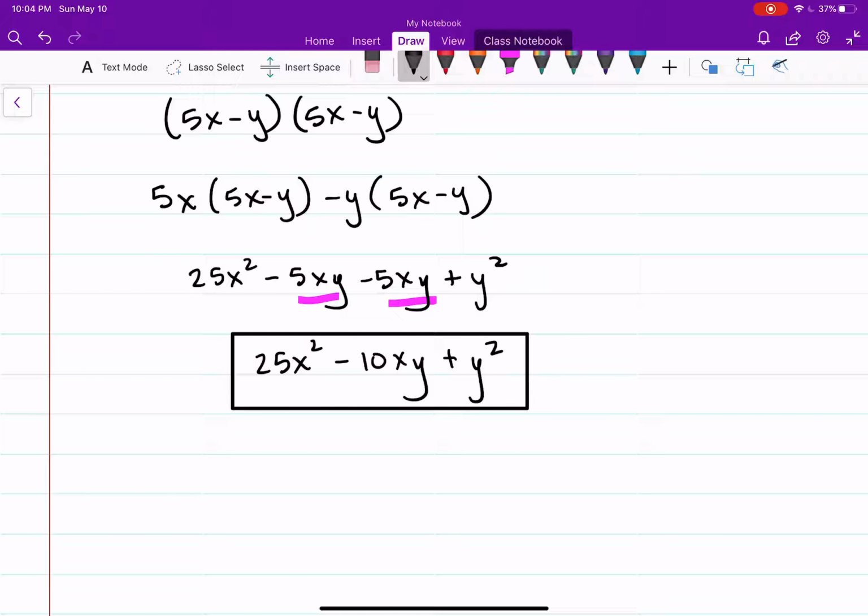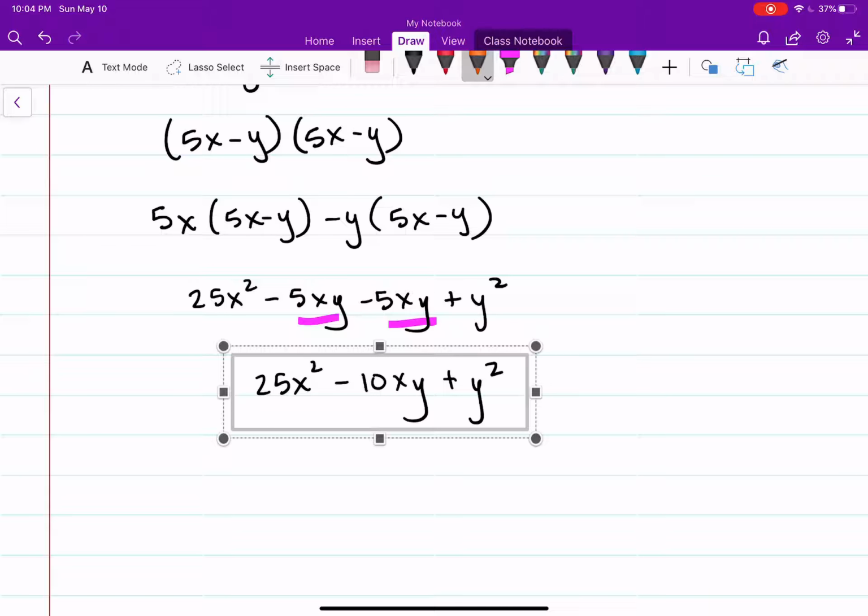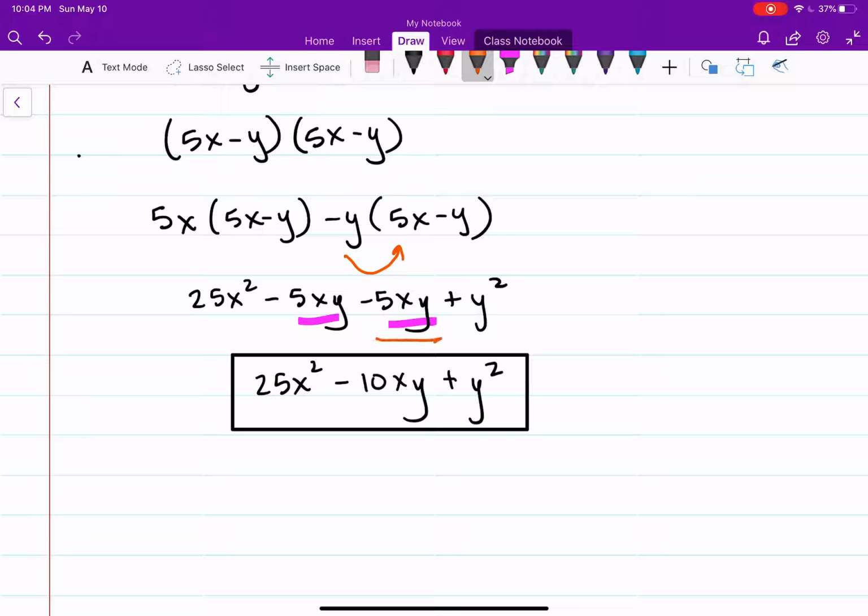Right there. All right. Now, I know that you guys are going to have this question here, and that is, when I multiply these two, how did I get negative 5xy? Well, I have a negative 5 times y times x. That is the same as negative 5xy, okay?